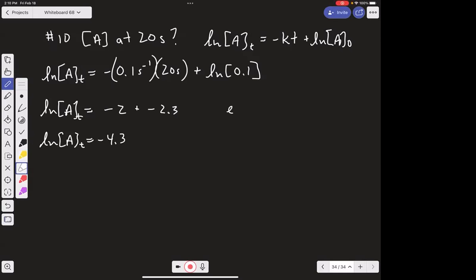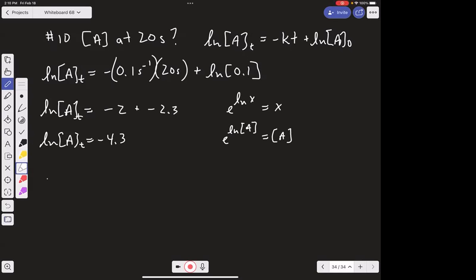And remember, when we did this in class, I gave you the hint that e to the ln of x equals x. So e to the natural log of concentration is going to equal my concentration.